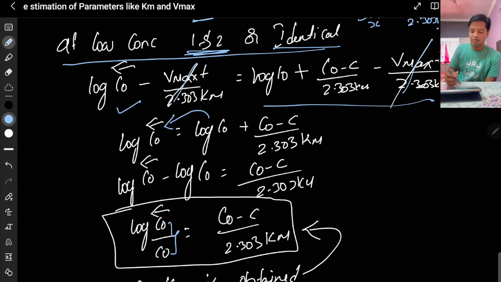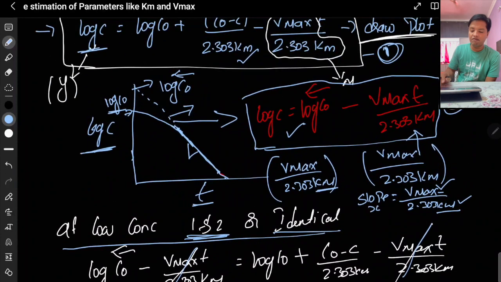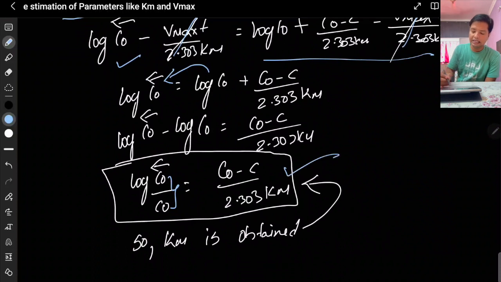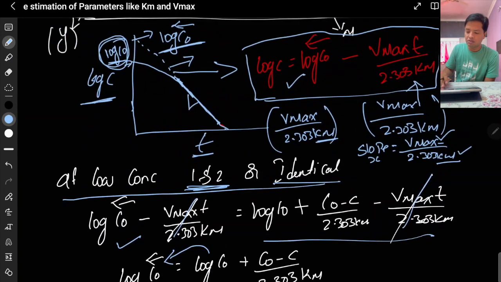If you substitute the value of back extrapolated C naught and normal C naught, the normal C naught you get from here and the back extrapolated C naught from the extrapolated line, you can find the Km value in this equation. Once you obtain Km, substitute it in the slope equation.